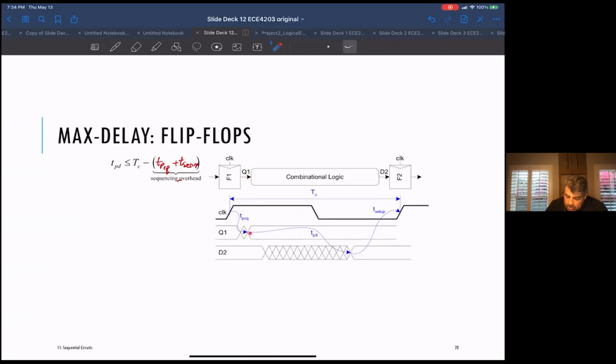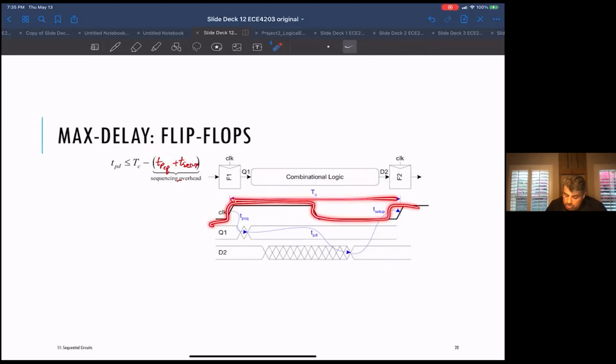Whatever this Q1 does through your combinational circuit, and whatever result appears at this D2, better happen at D2 before the next clock arrives at F2, and that's the setup time. So that's why the maximum propagation delay you can have in your combinational logic is basically your total clock period, right?